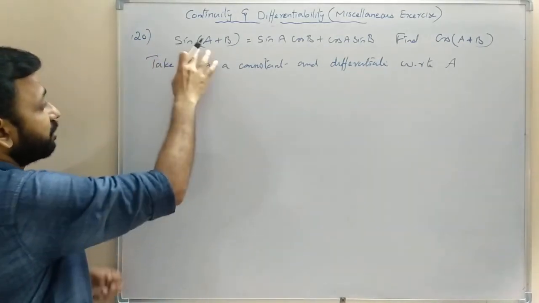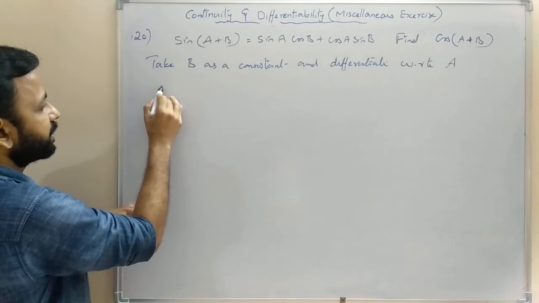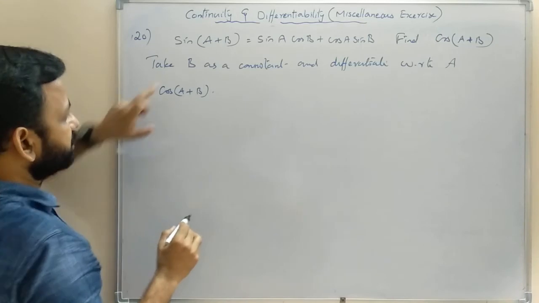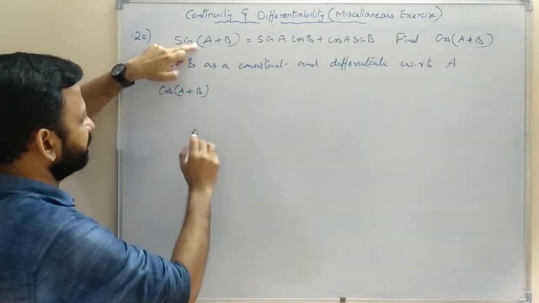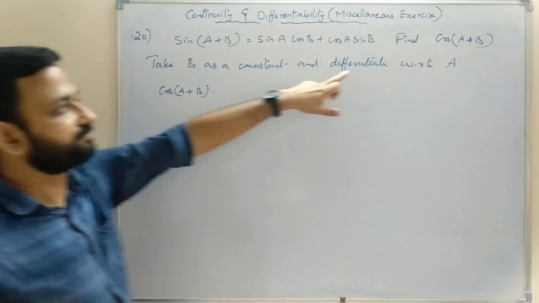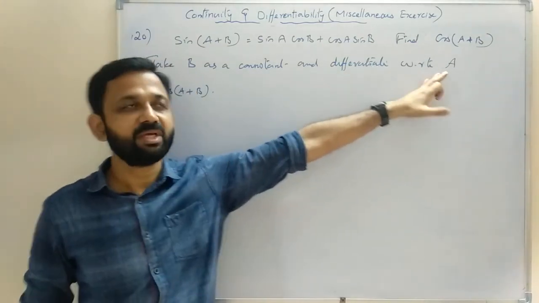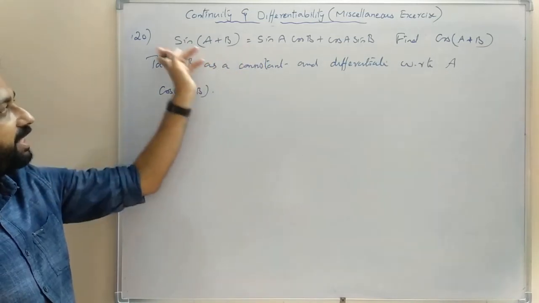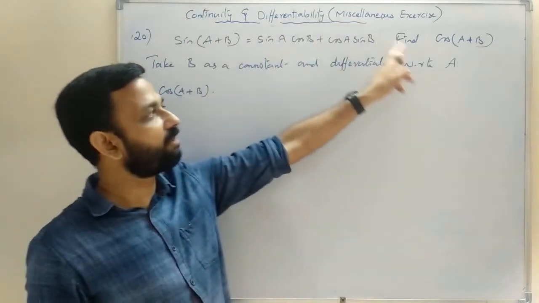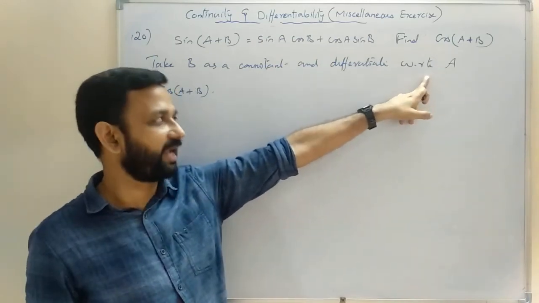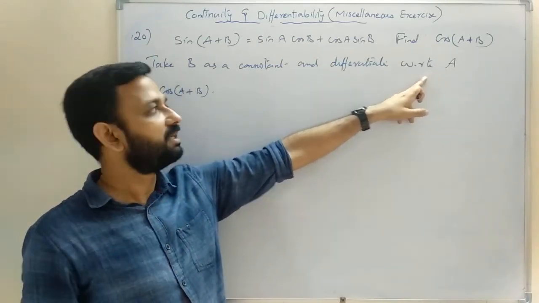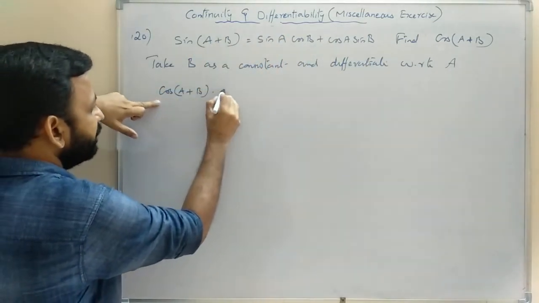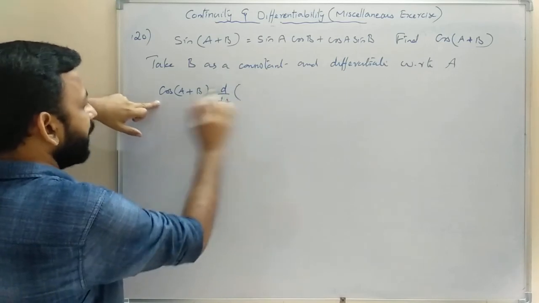So we differentiate both sides with respect to A: d/dA of LHS equals d/dA of RHS. The derivative of sin(A+B) is cos(A+B) into d/dA of (A+B), by the chain rule.